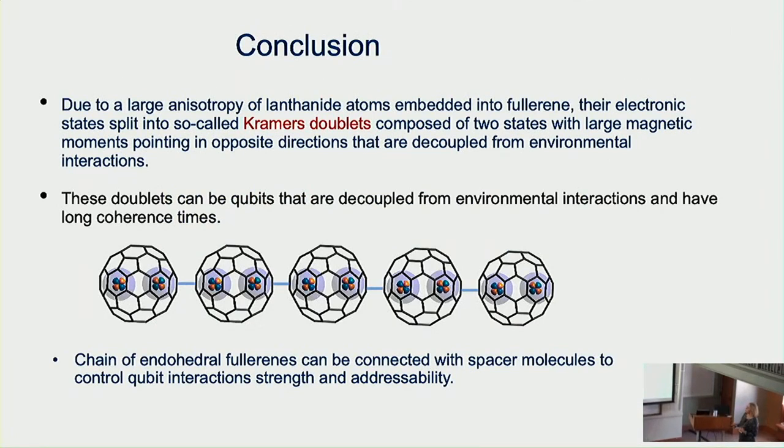And in conclusion, I just say we are still working on it, interested, because the levels of lanthanides, a lanthanide molecule, or even an atom inside the fullerene, could have so-called Kramers doublets, which is only possible for this kind of system, because they are degenerate states, which become lifted in degeneracy only under the influence of a ligand field, but it cannot be lifted by a magnetic field at all.